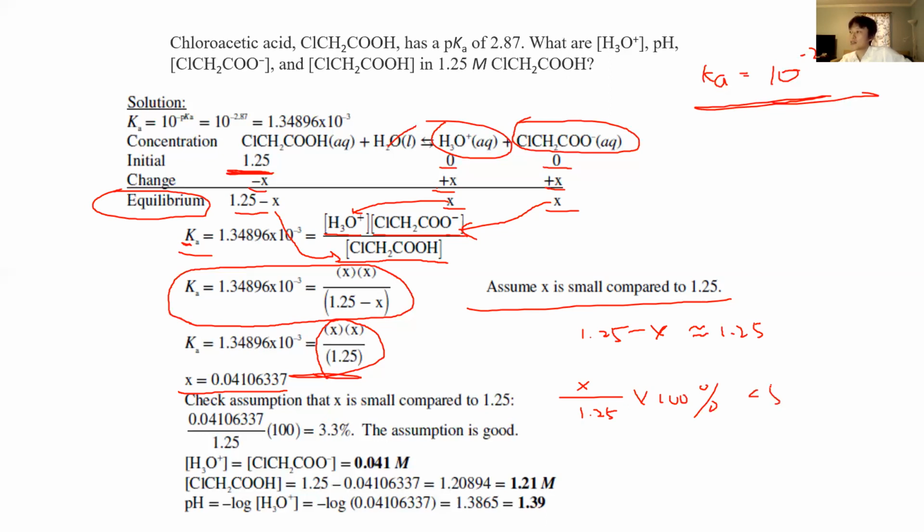If it's less than 5%, like in this case where we have 3.3, that means our assumption is good. But if it's greater than 5, that means the assumption is not good, so you must use this equation here to solve for X. Now, because X is the proton concentration at equilibrium, you take the negative log of it, and that's the pH.